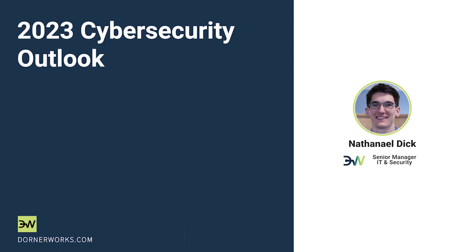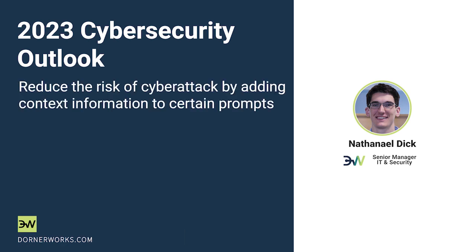One of the ways that you can start to take some of that risk back is by adding some context information. When a prompt on your phone pops up, maybe it adds a geographical location. So you can say, okay, it looks like I'm logging in from Grand Rapids, Michigan. It looks good.